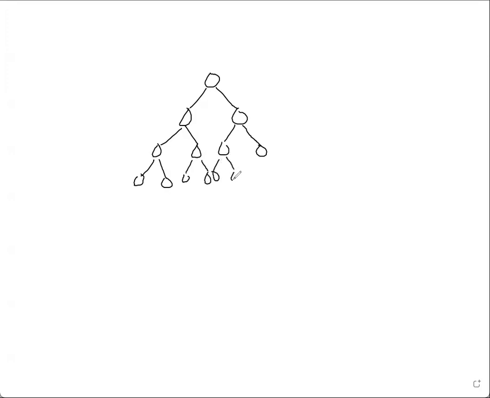They all have values. So there's 1, 2, 3, 4, 5, 6, 7, 8, 9, 10, 11, 12, 13, 14, 15. So we have 15 nodes here.